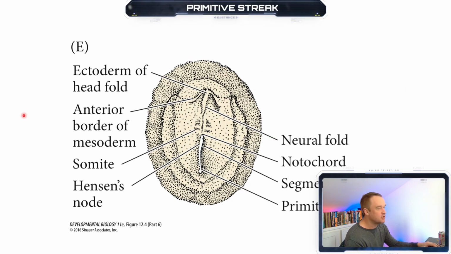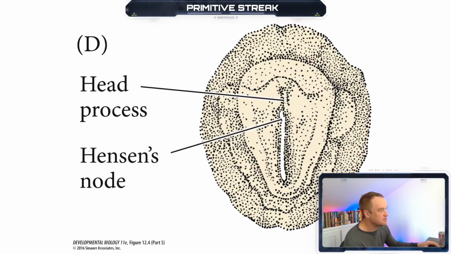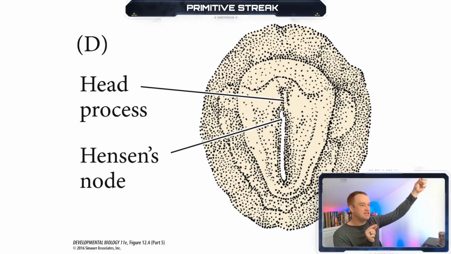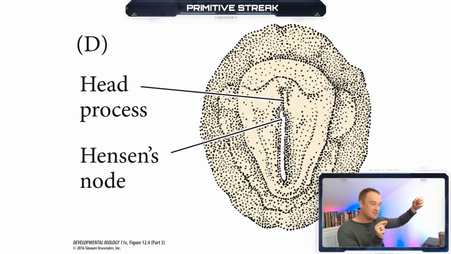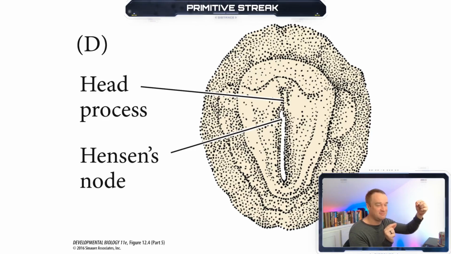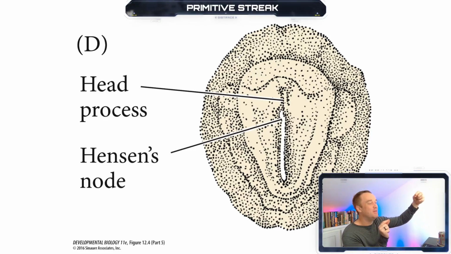And then, as the primitive streak proceeds, it will move across this ball of cells, to put it bluntly, and then it will retract. Retract is the best word, or regress, or come back, right? And as it does, it pulls and lays down the notochord in its place.